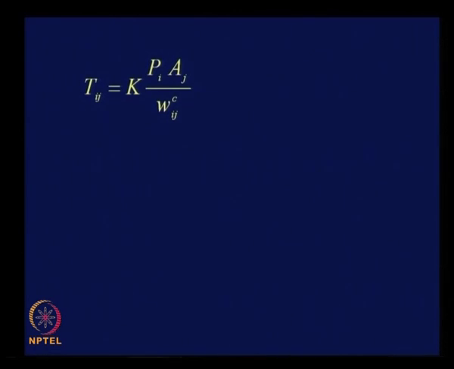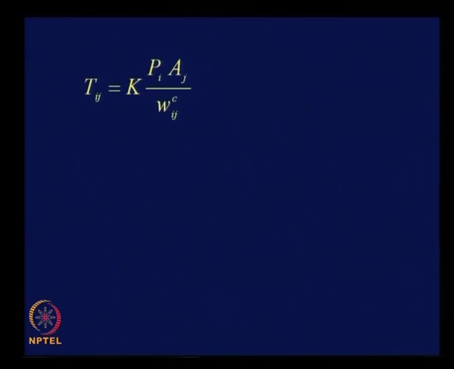This is simply the replication of the equation related to Newton's law of gravitation. We have replaced m1 and m2 by Pi and Aj, right. R squared in the denominator is replaced with Wij raised to power c.